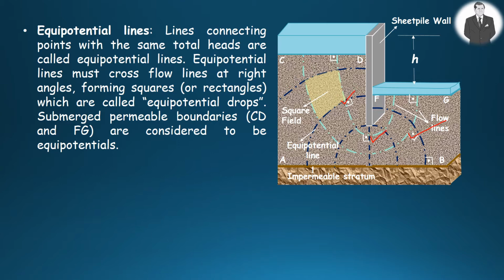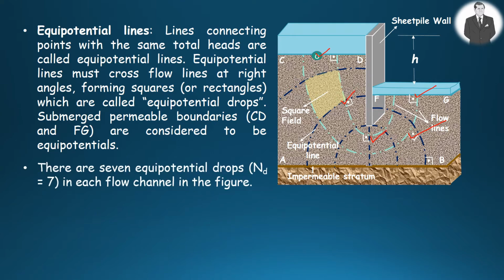Submerged permeable surfaces such as CD and FG, as you see in the figure, are regarded as equipotentials. In this case, there are 7 equipotential drops in each flow channel in the figure.